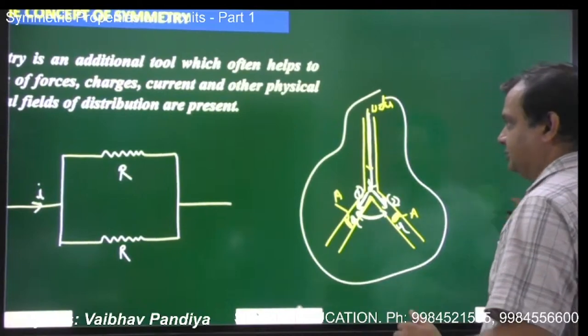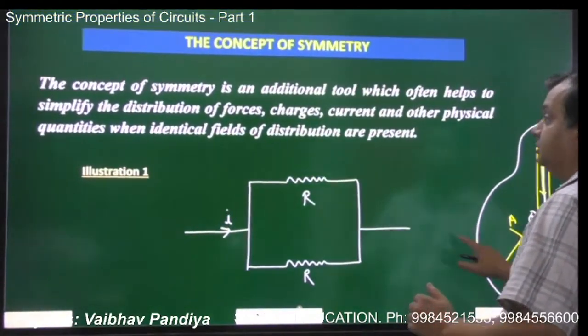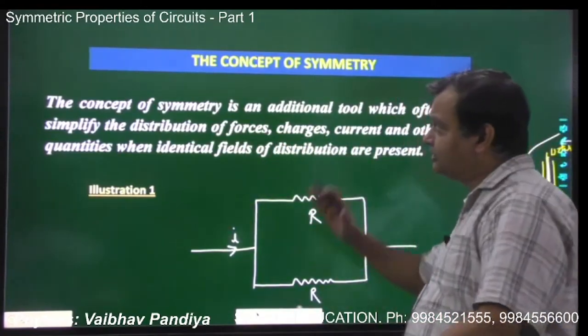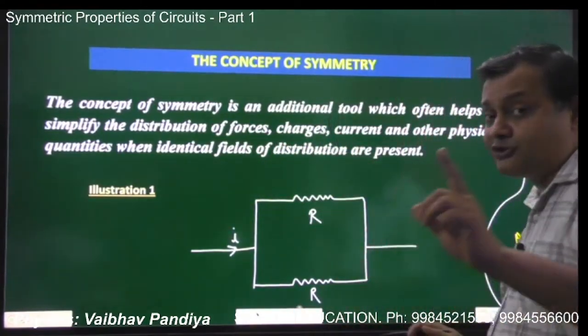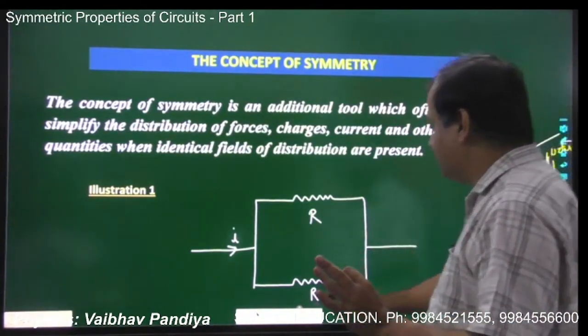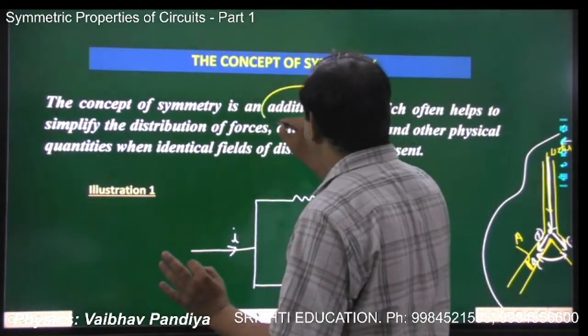Now let us be a little bit formal in defining the concept of symmetry. So we can say the concept of symmetry is an additional tool. First of all, the point to drive home is that taking advantage of symmetry is an additional tool.